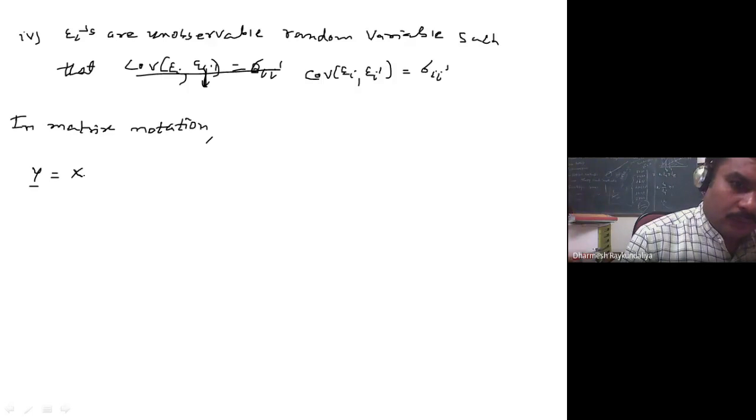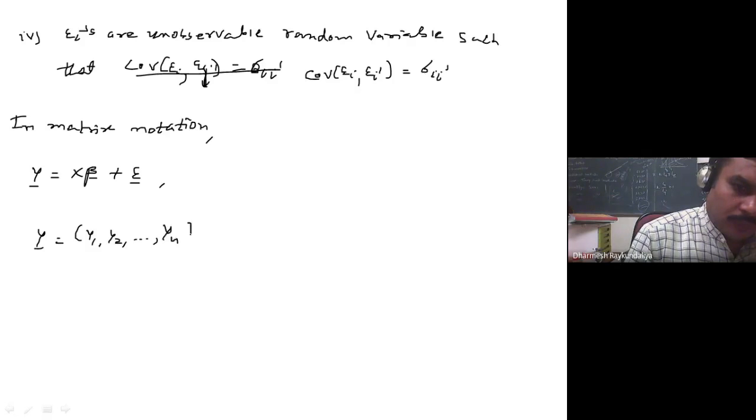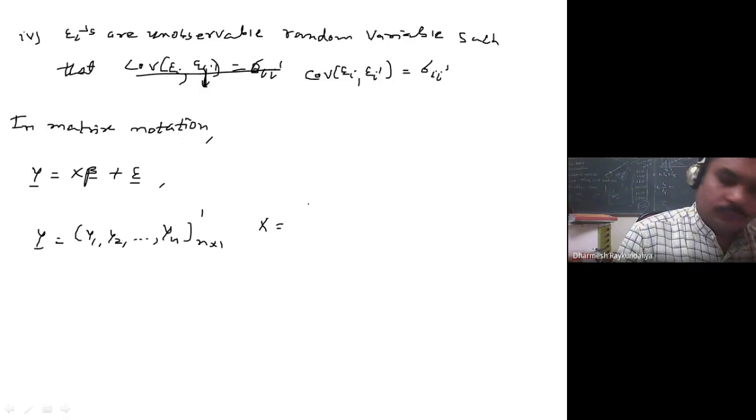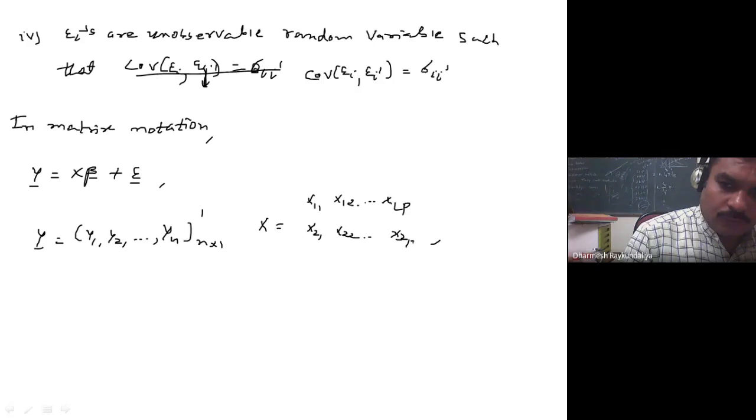Y is equal to X beta plus epsilon, where y is y1, y2, yn, of order n cross 1. X is x11, x12, x1p, x21, x22, x2p, and so on. How many variables do you have? N observations.